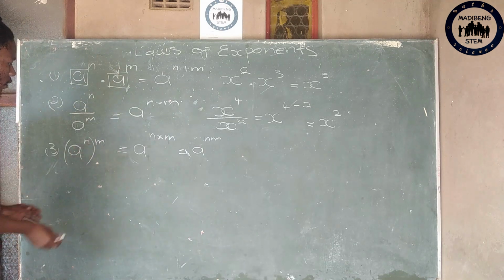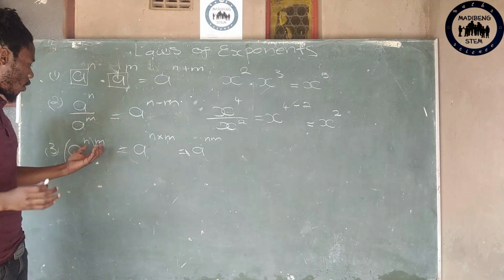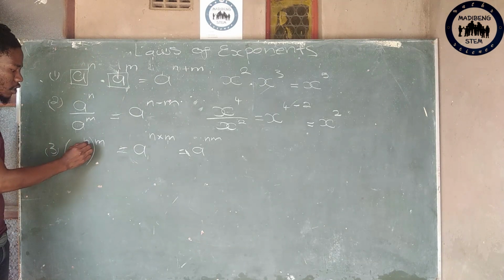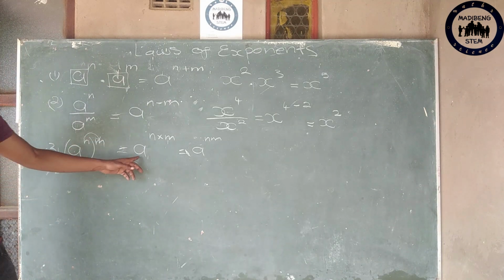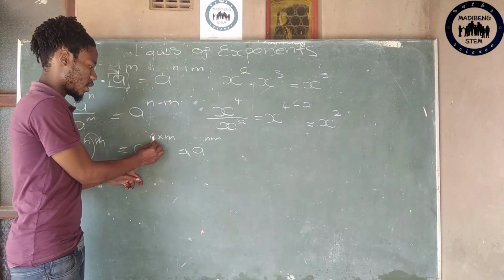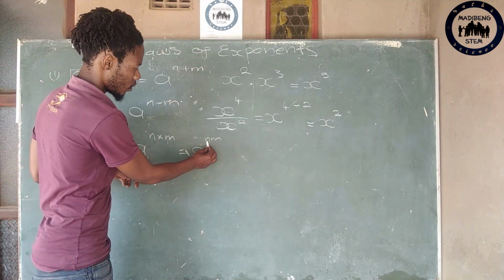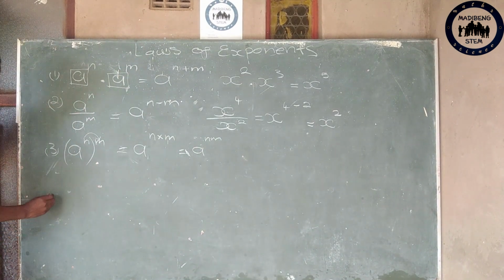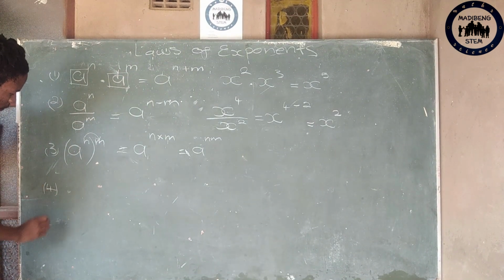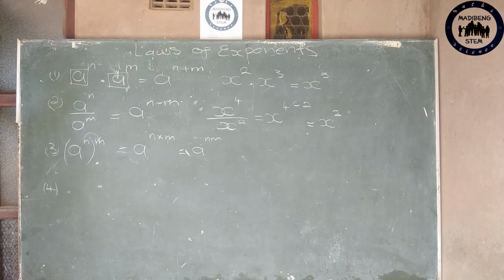A to the power n is raised to the power of m, guys. So you multiply n by m, so that you remove this bracket. This is what I have done here. It's n times m, then it gives us a to the power nm. This is the third law of exponent. So the fourth law of exponent.